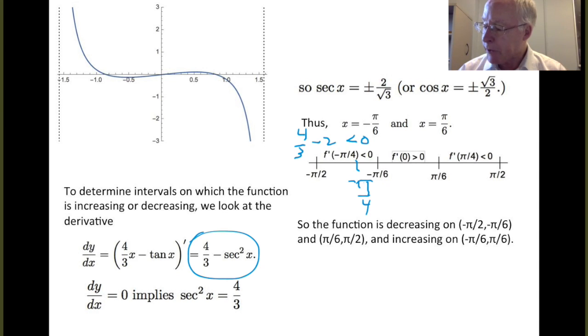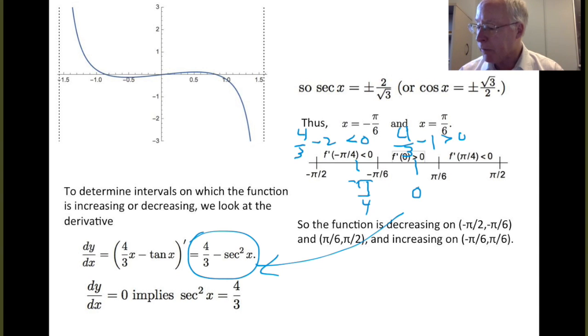Between minus pi over 6 and pi over 6, the easy value is 0. If we plug 0 into the derivative, and remember that the secant of 0 is 1, we get 4/3 minus 1, and that turns out to be positive. And then likewise, we get a negative value when we plug pi over 4 in to account for the last interval.